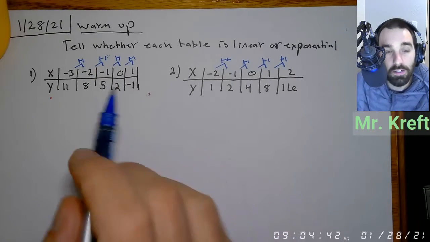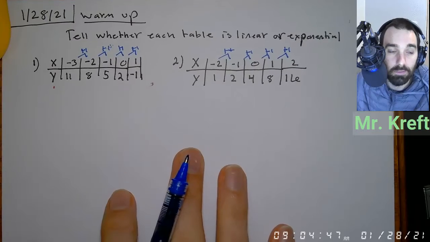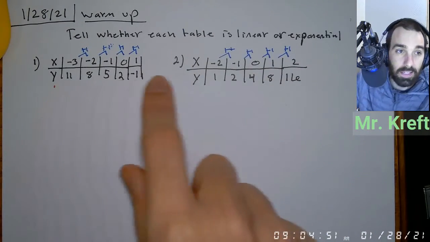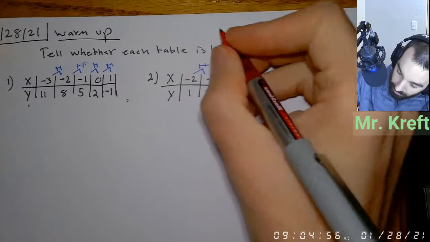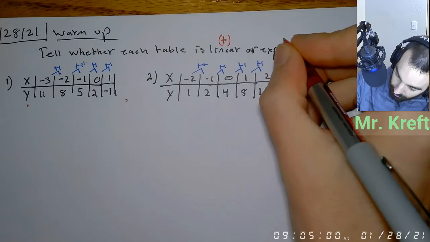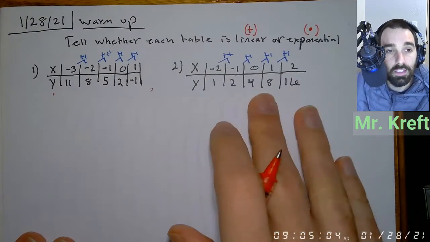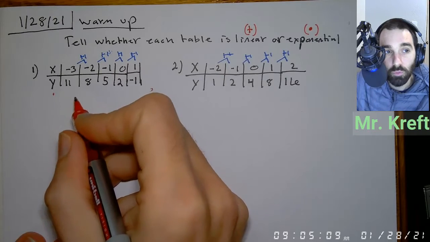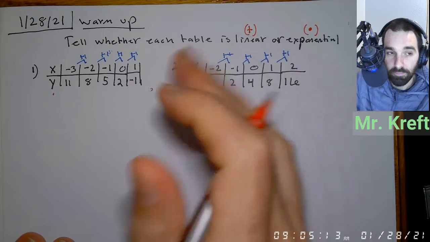So it gets a little bit more complicated when the x doesn't go up by 1, but we're not going to focus on that right now. What we are going to focus on is the output. So remember, the difference between linear is adding and exponential is multiplying. Okay, so what we're going to do for these is check the output, and see, okay, as we go forward, are we adding by the same or are we multiplying by the same?